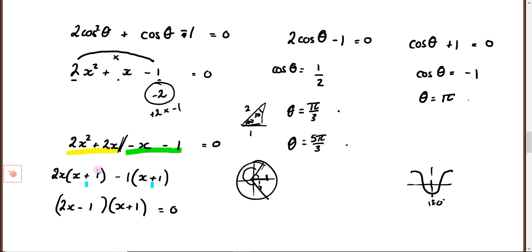Then I factorize again. And what's the common factor in both of these parts? It's the x plus 1, yeah? So that's this bracket. What do I need to multiply x plus 1 by to get all of this? 2x minus 1. So that's in the other bracket. Yeah.